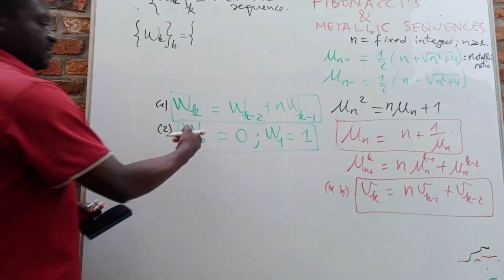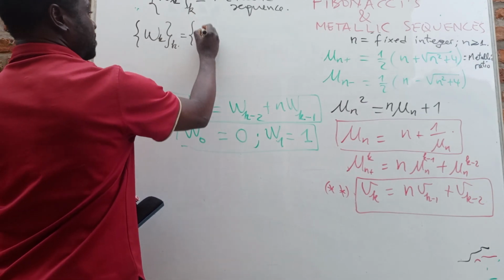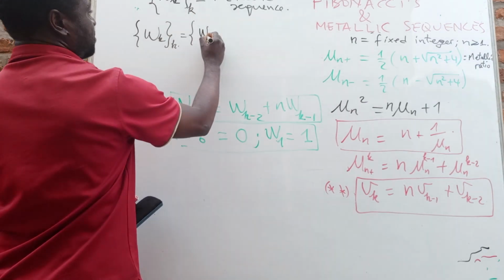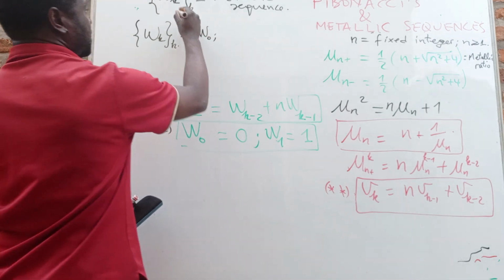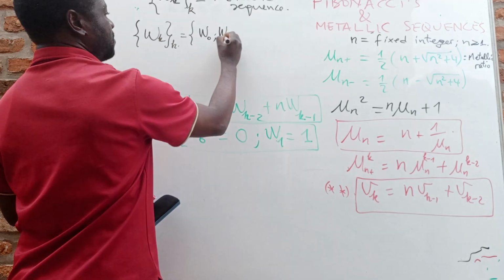Okay, let us write this down by index. k equal to 0, we have W0. k equal to 1, we are going to have W1.